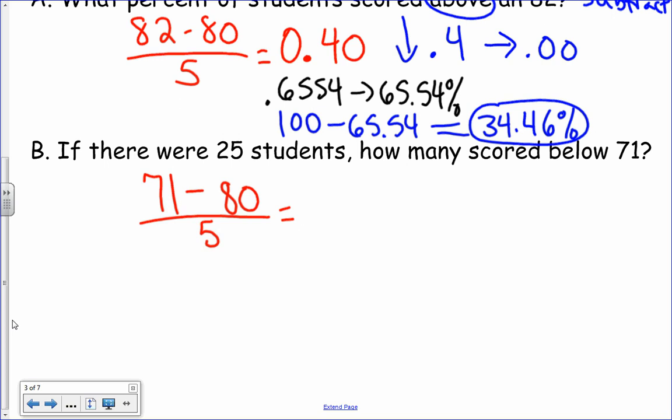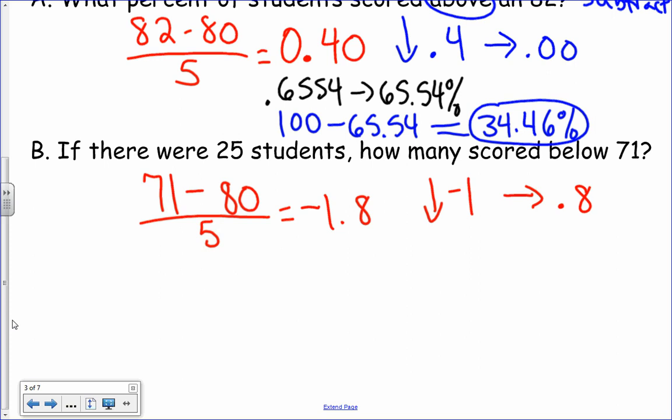What kind of z-score are we going to have here? Negative. Okay, good. Negative 1.8. That's our z-score, right? Now listen, that means we're going to go down to -1.8 and right to 0.00.